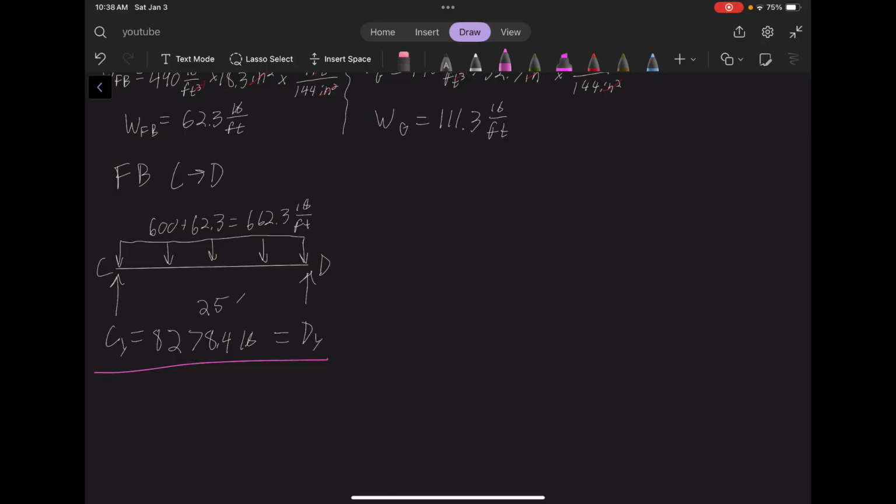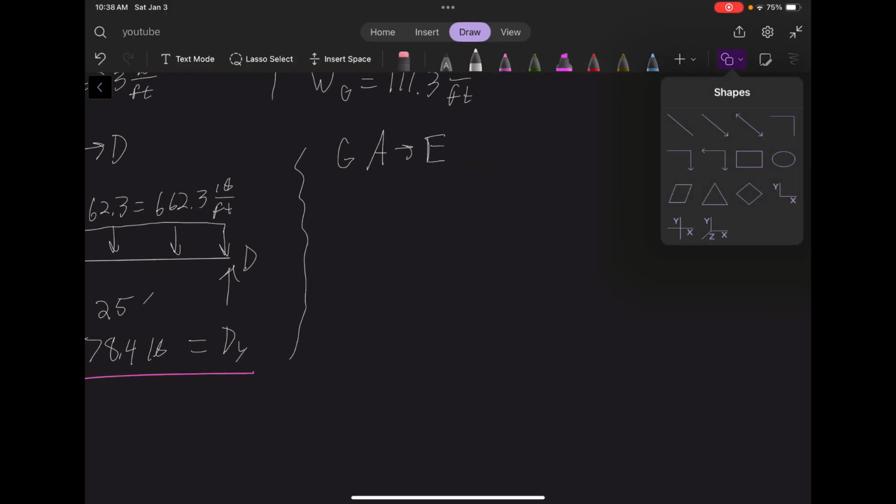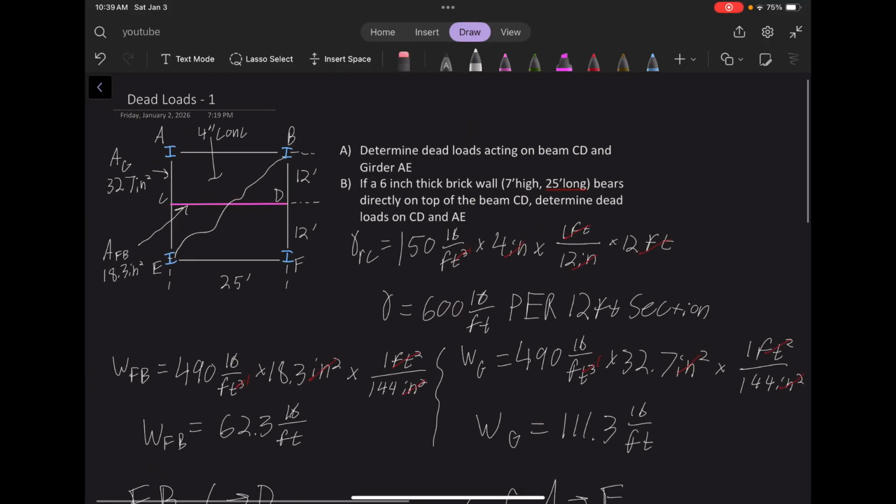So let's move on to girder AE now. So this is the girder from A to E. So same thing. Let's draw a line here, that line being the beam from A to E. I'm going to zoom in here.